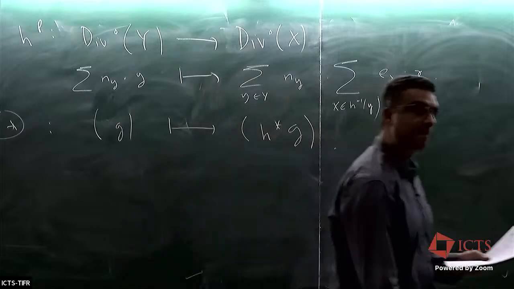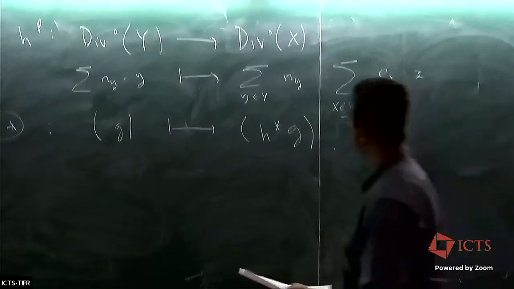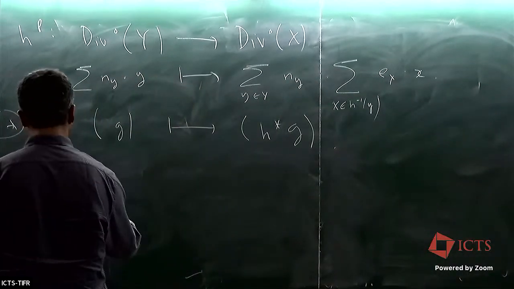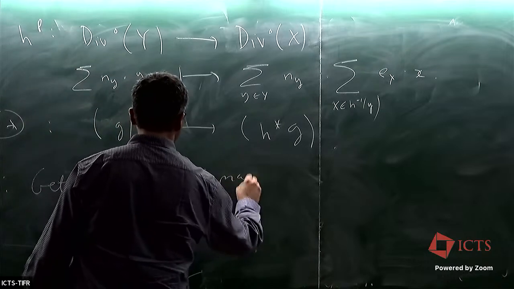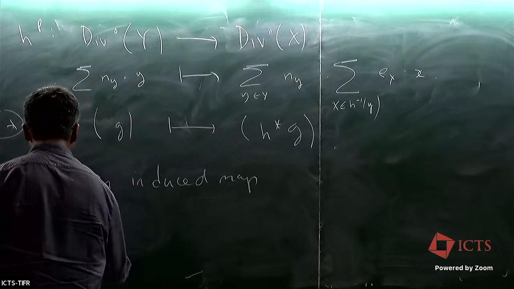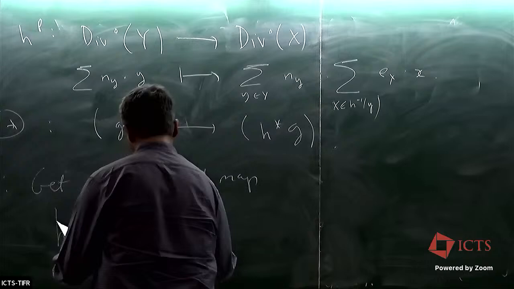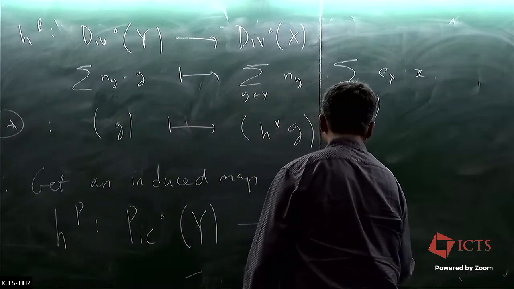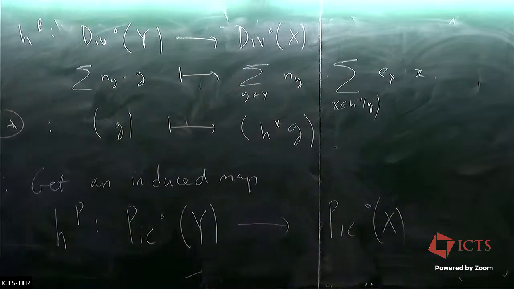That's very nice. So therefore, we get an induced map on the Jacobian, which we'll also call H upper P, from Pic 0 of Y to Pic 0 of X. A well-defined map.